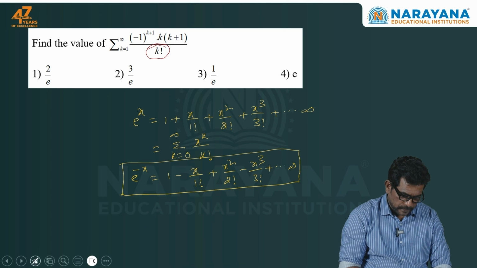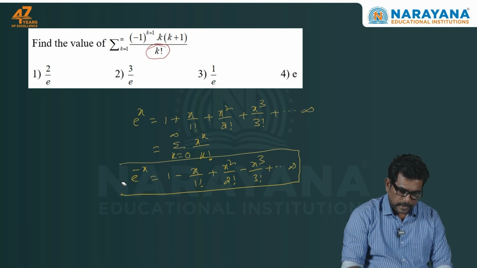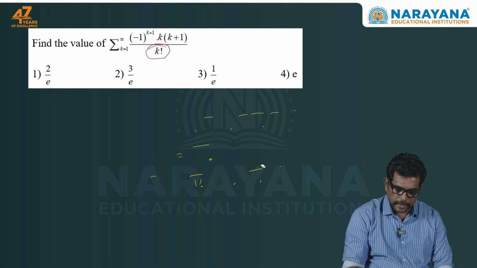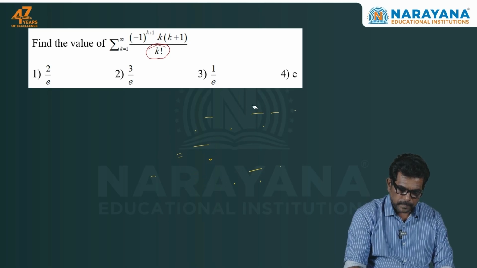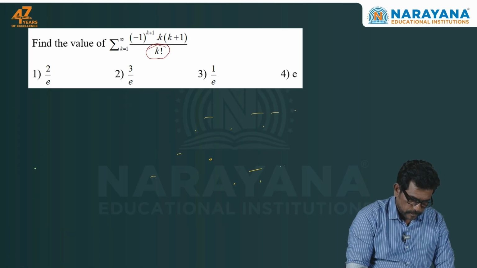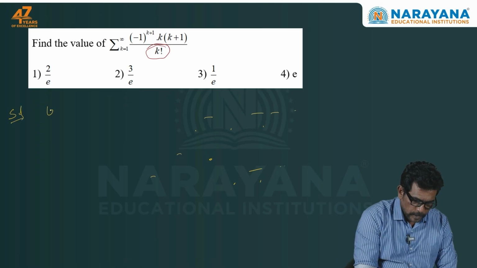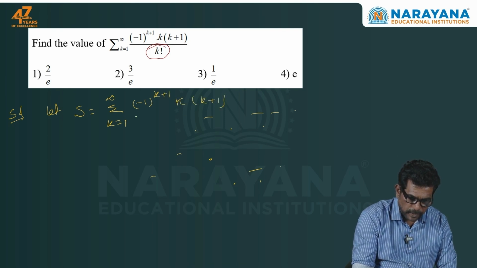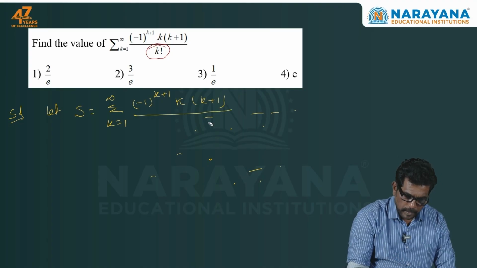Suppose I am taking the total sum as S. The solution: let S is equal to summation k is equal to 1 to infinity, minus 1 whole to the power of k plus 1 into k plus 1 upon k factorial.